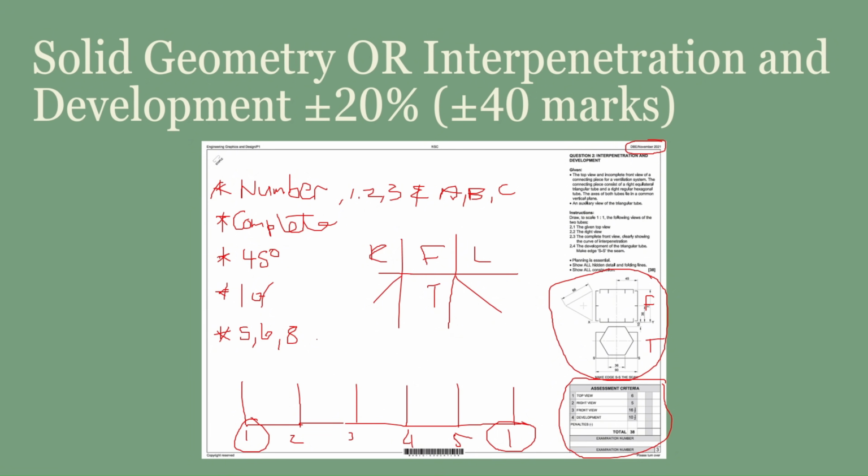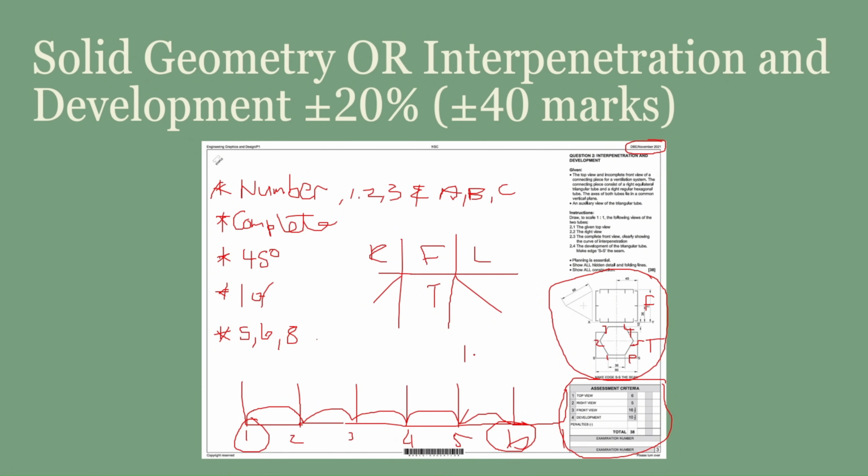Now, you need to make sure that the distance from 1 to 2, 2 to 3, 3 to 4, 4 to 5, and 5 to 1 are all the same. And you need to get the true length of 1 to 2. So we'll add another one here to make it a hexagon: 1, 2, 3, 4, 5, 6, and that will be 1. When you look at the top view, you know that that 36 is the true length, because from there to there should be 36.